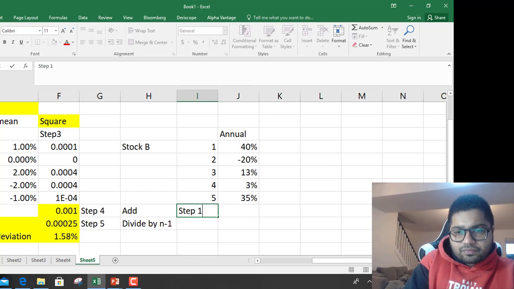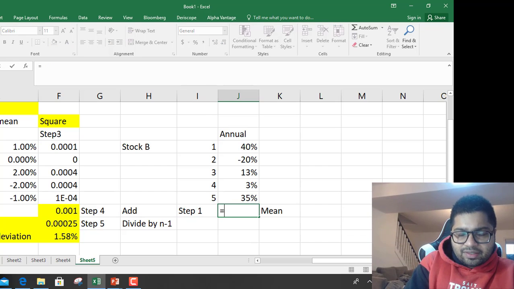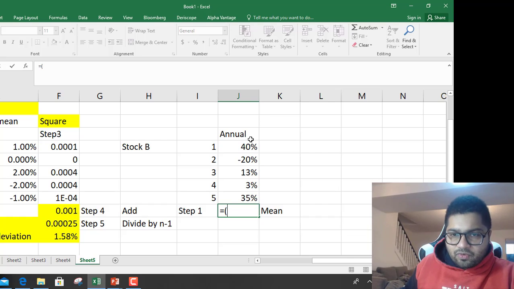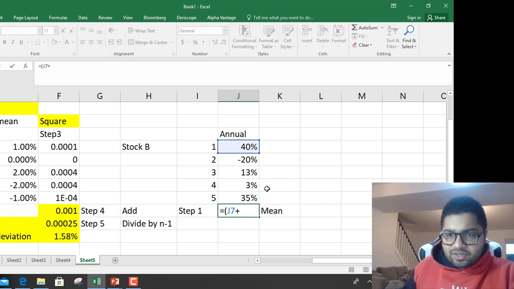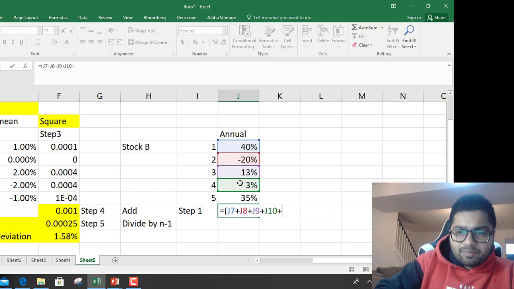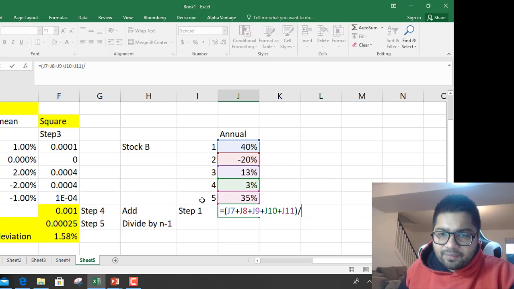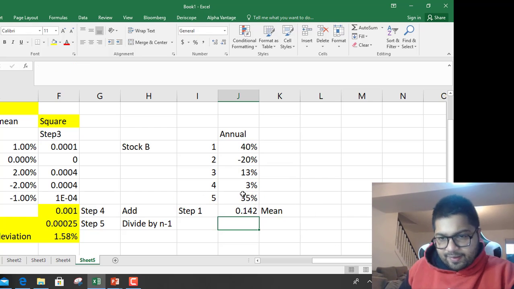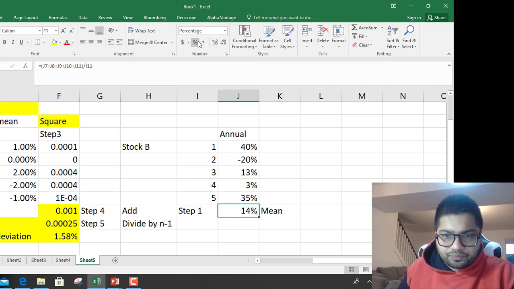Step 1 was calculating the mean. So mean is add everything up, divide by n. So 40 plus 20 plus 13 plus 3 plus 35% divided by 5. So this is the mean.